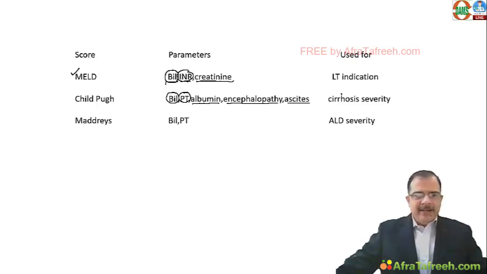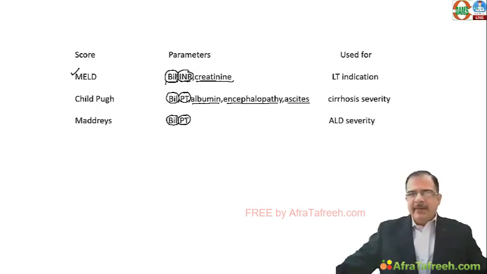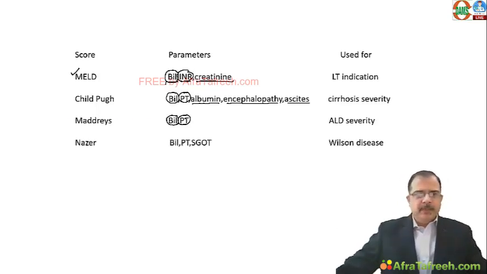The Maddrey score consists of bilirubin and prothrombin time, and it is used for alcoholic liver disease severity as well as for the indication for starting steroids in our patients.